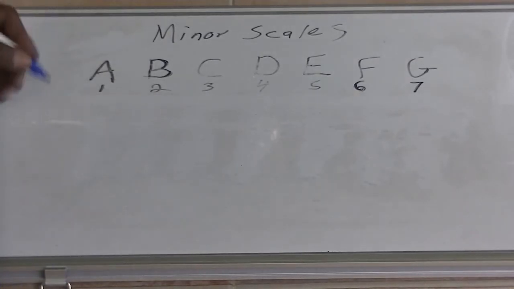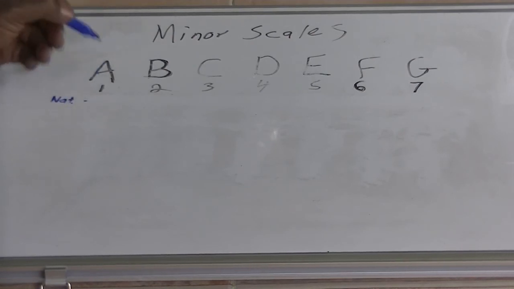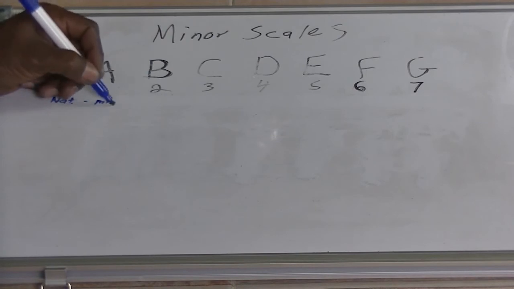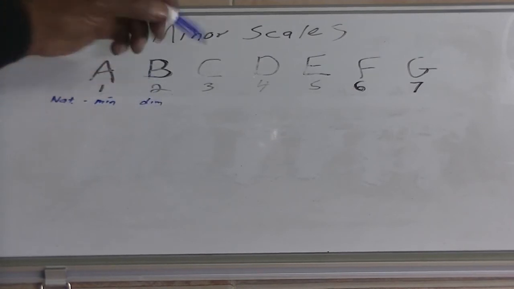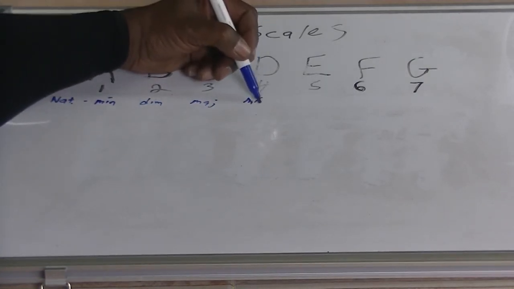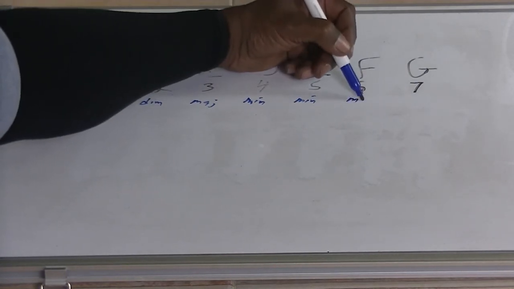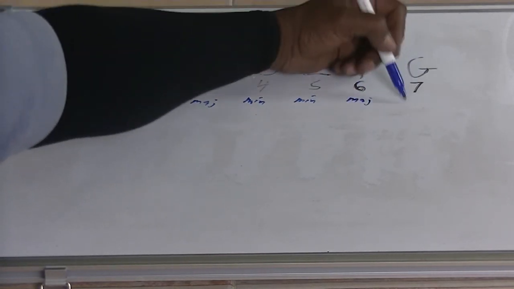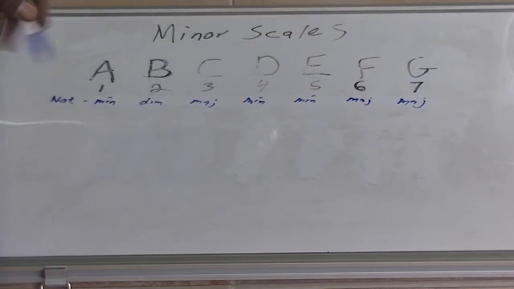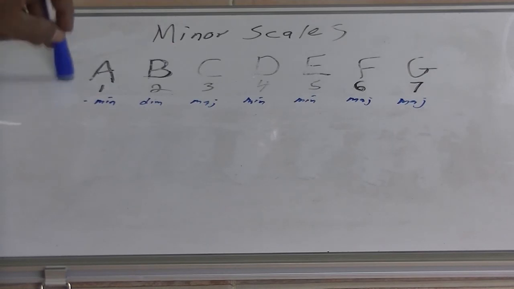So when we have the natural minor scale, our 1 chord is minor, our 2 chord is diminished, our 3 chord is major, our 4 chord is minor, our 5 chord is minor, our 6 chord and our 7 chord are both major. So this is the natural minor scale. I'm going to try to write a little more here. Not sure whether I'm going to go off the screen, but I don't want to crowd.